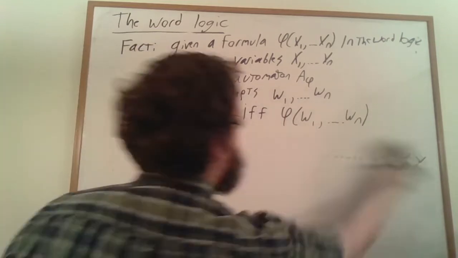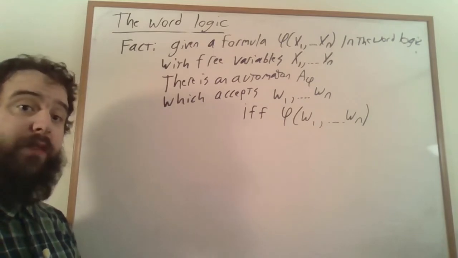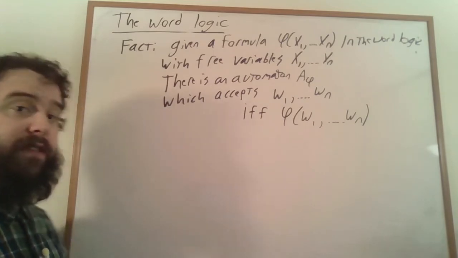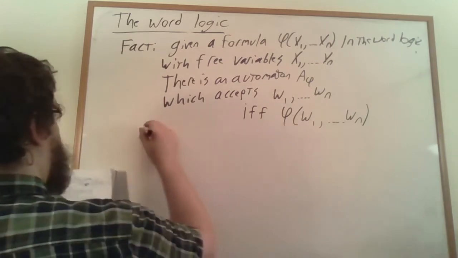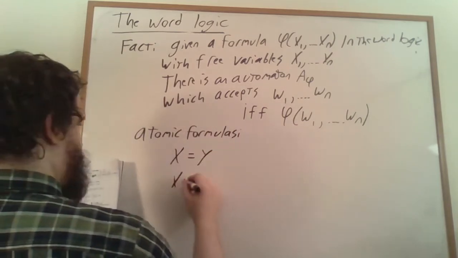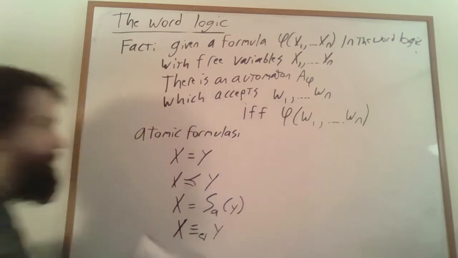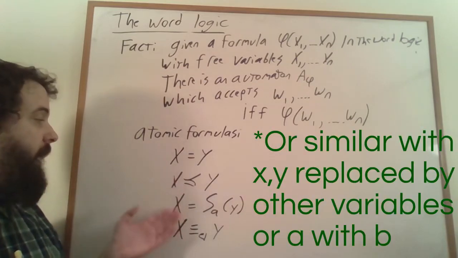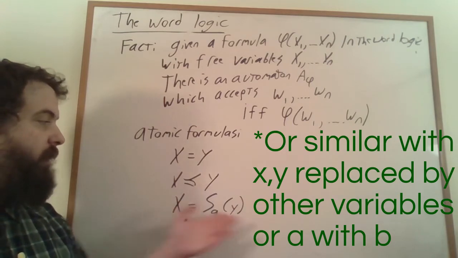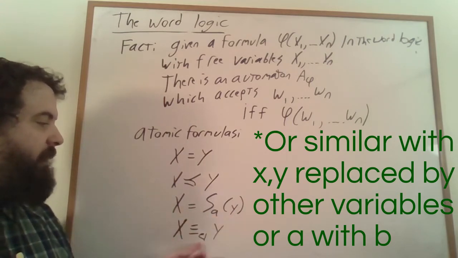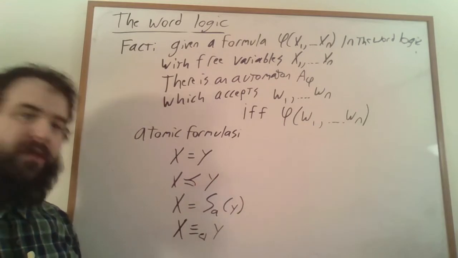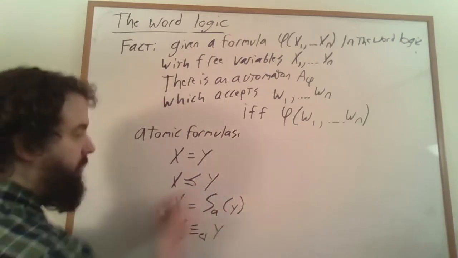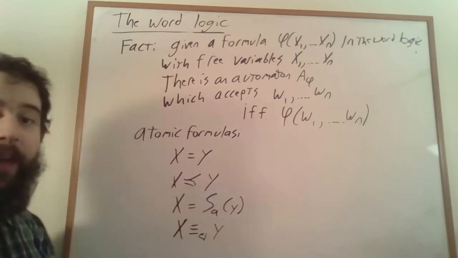What this means is that if we want to prove our theorem for atomic formulas, we only have to consider formulas of the form x is equal to y, x is a prefix or equal to y, x is equal to the successor a of y, or x is equal length to y. And the reason why this process is called relationalization is that we could replace this with a separate relation, right?